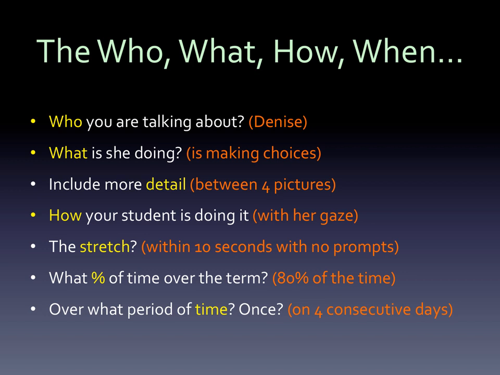Perhaps we set the criteria for 80% over 4 consecutive days. Now we have a clear objective that we can observe and measure on a data collection form. Remember that the where question for this formula should be located in your strategy section, as hopefully your student will be practicing this skill within many different activities and locations.